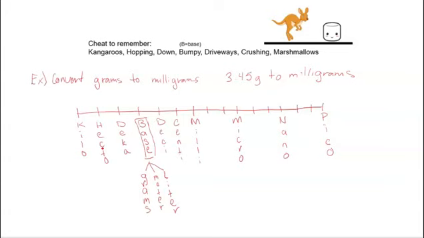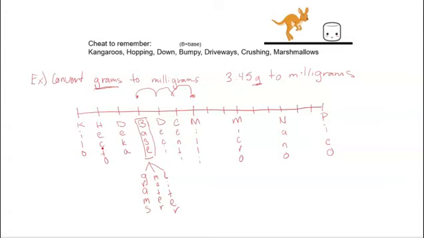So we're going to start out with grams. And that's one of our base units, so we're going to start at this point. And we're going to go to milligrams, so we're going over here. So we're going to hop over each space. And we're going to do 3 hops over to milligrams.